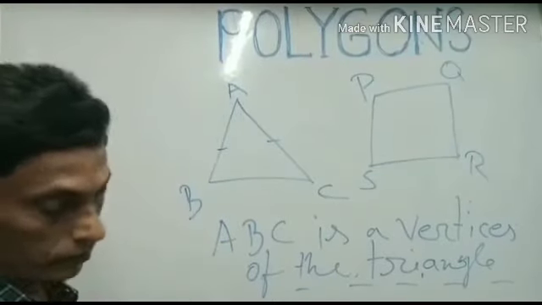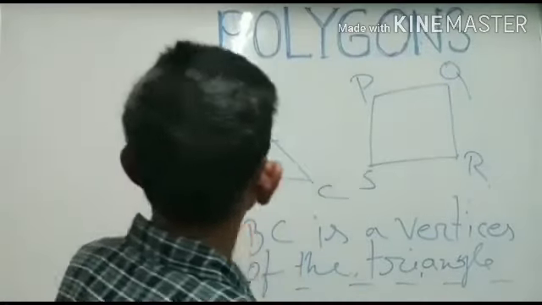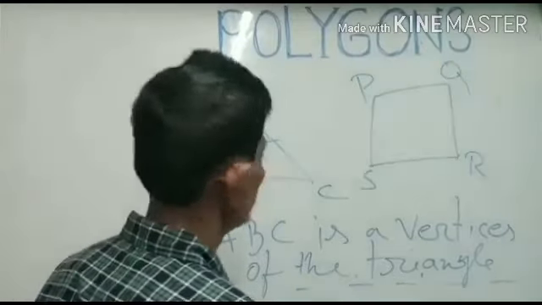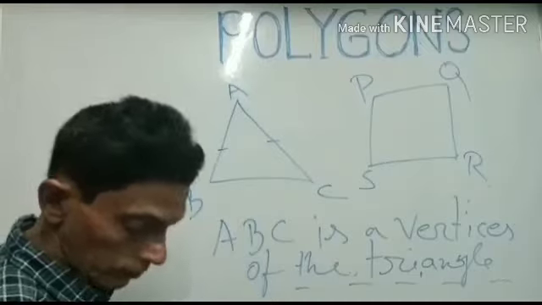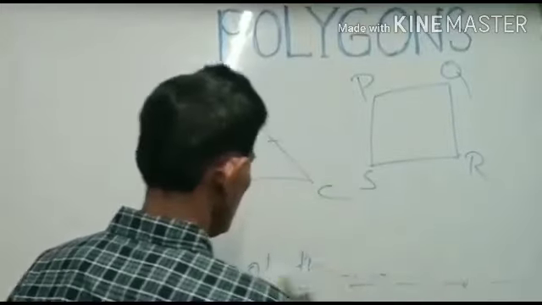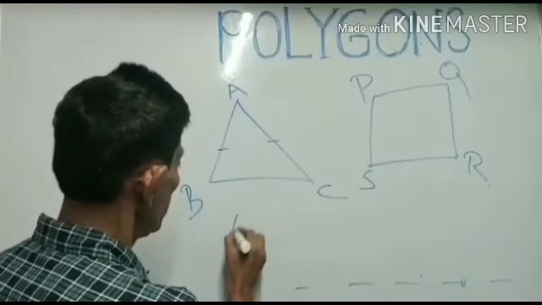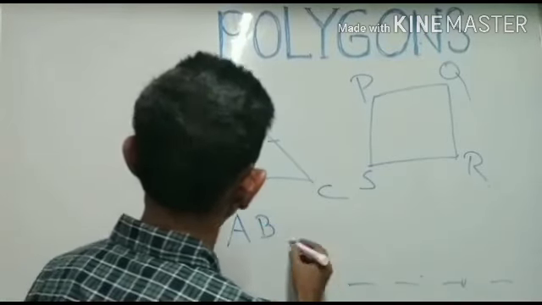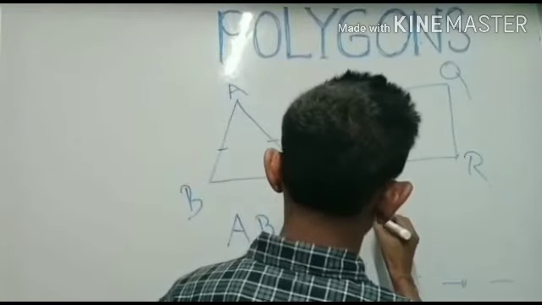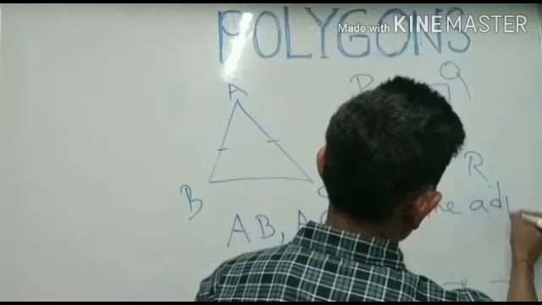Now adjacent sides. When two sides meet in a point, it is a common point of two sides of a polygon. Adjacent sides means here AB, AC are the adjacent sides.